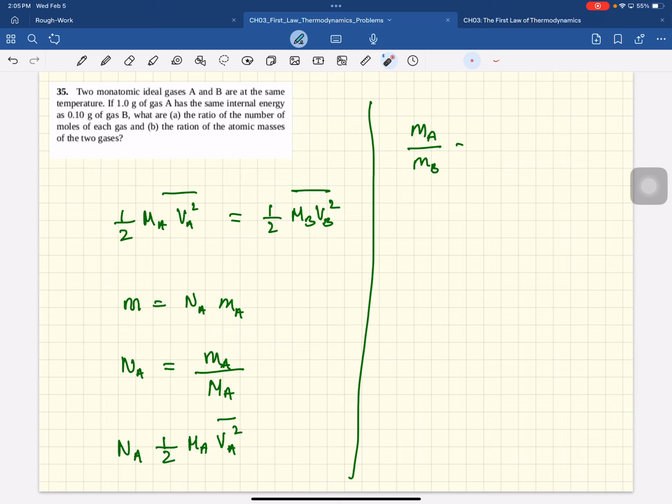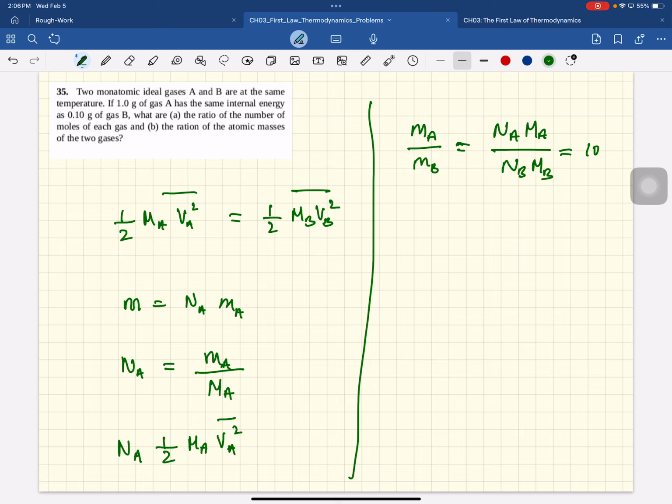So this is the mass of gas A, this is the mass of gas B, which is N_A m_A divided by N_B m_B, and that is 10. So that is the ratio of the masses of the gas.